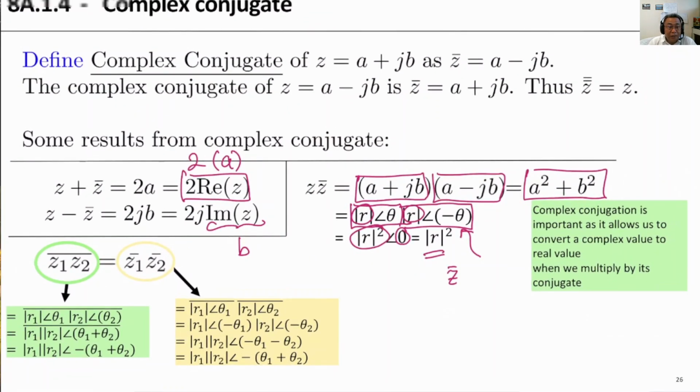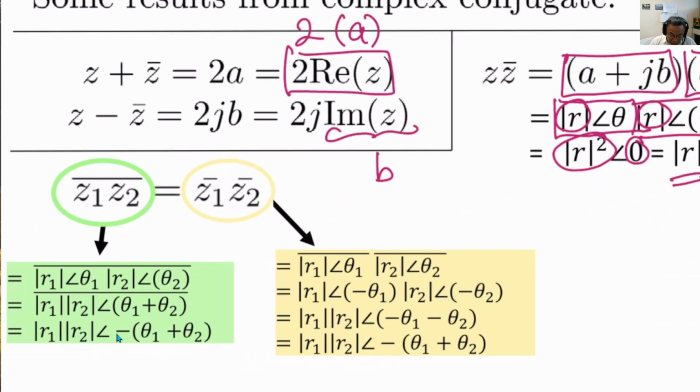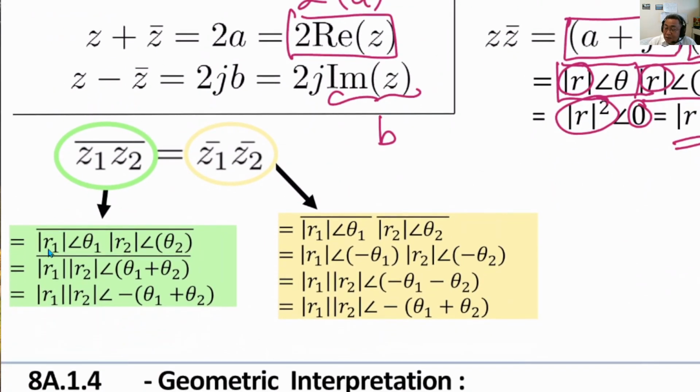Finally, let us try this operation. z1 times z2, complex conjugated, we say that it is equal to z1 bar times z2 bar. How do you prove this? Well, simply you use the polar form, because it's easier to take multiplication in the polar form. So it's r1 angle theta 1 for z1, r2 angle theta 2 for z2.